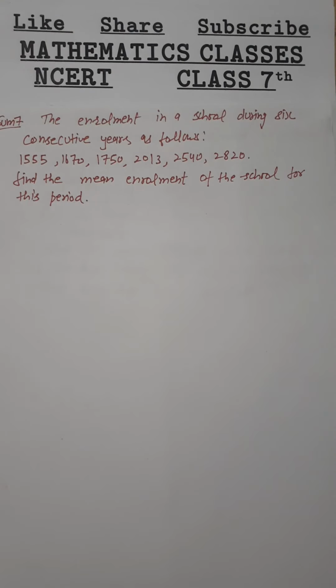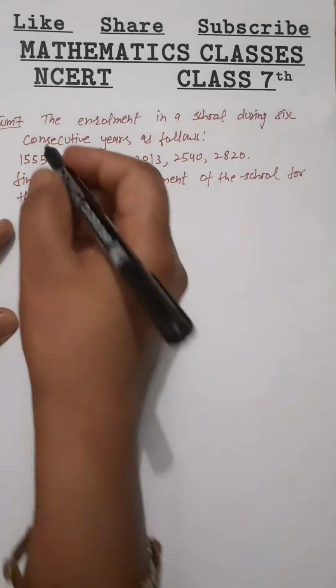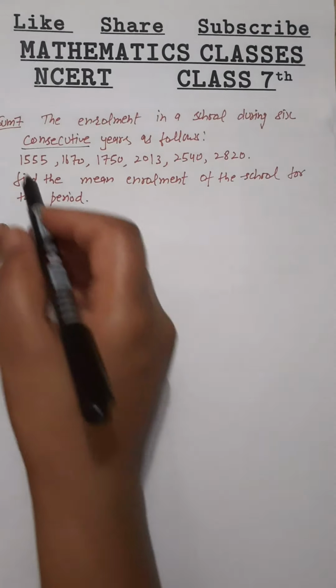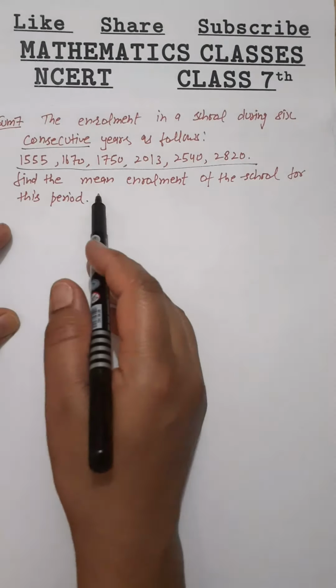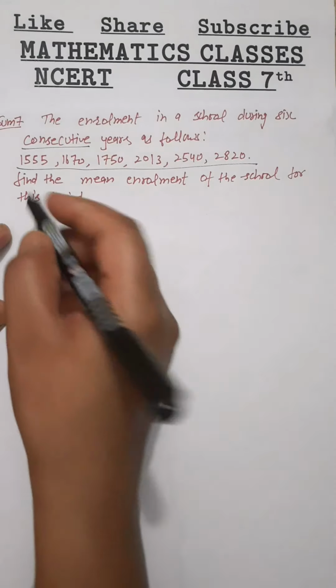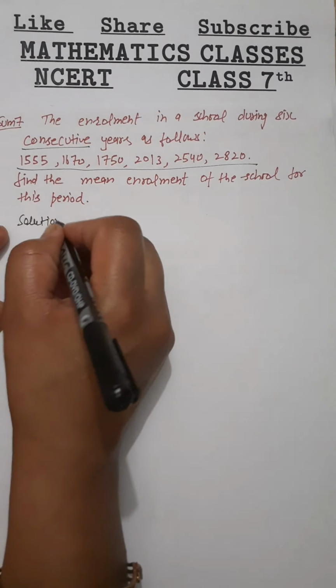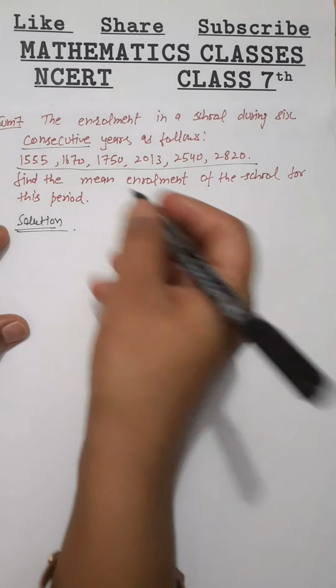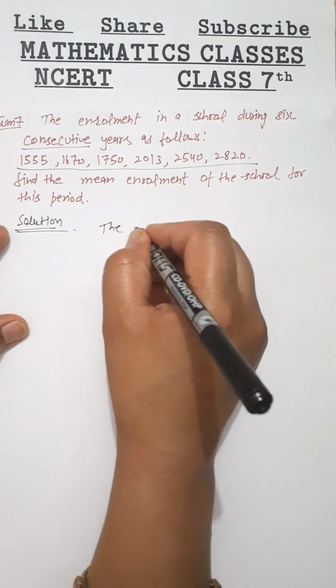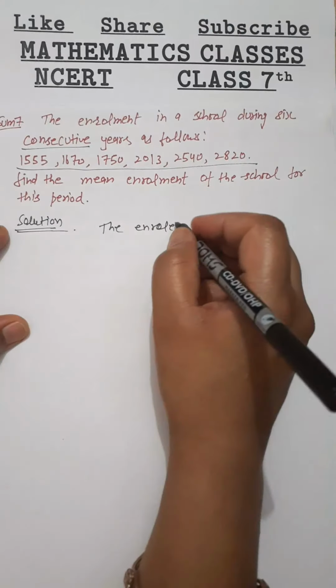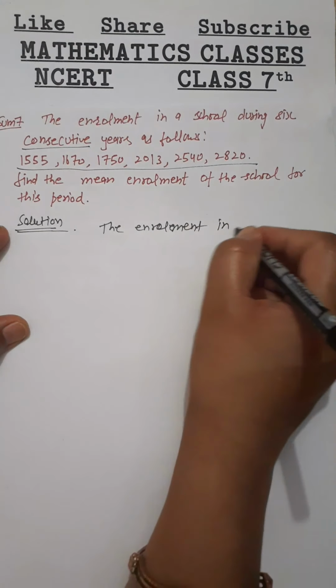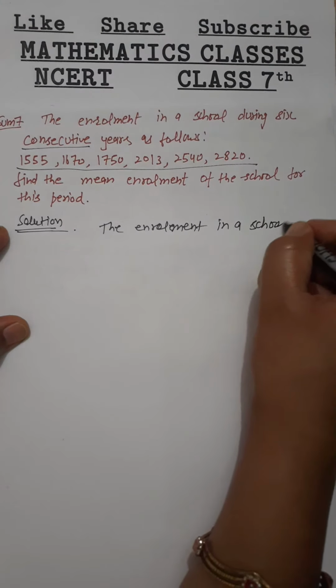Next one is sum number 7. The enrollment in a school during 6 consecutive years is as follows. Find the mean enrollment of the school for this period. The enrollment in a school during 6 consecutive years.